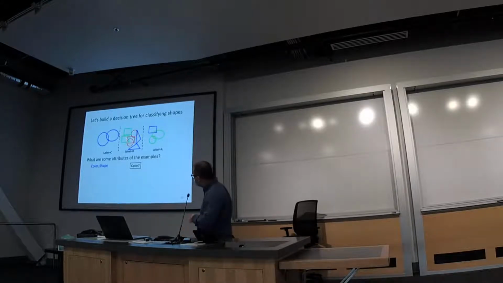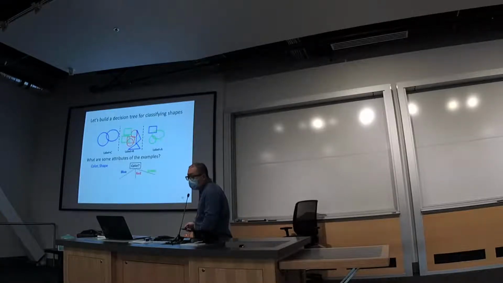So how many colors do we have for this data set? 3, right? Red, blue, and green. So accordingly, we're going to partition the training data into 3 subsets.